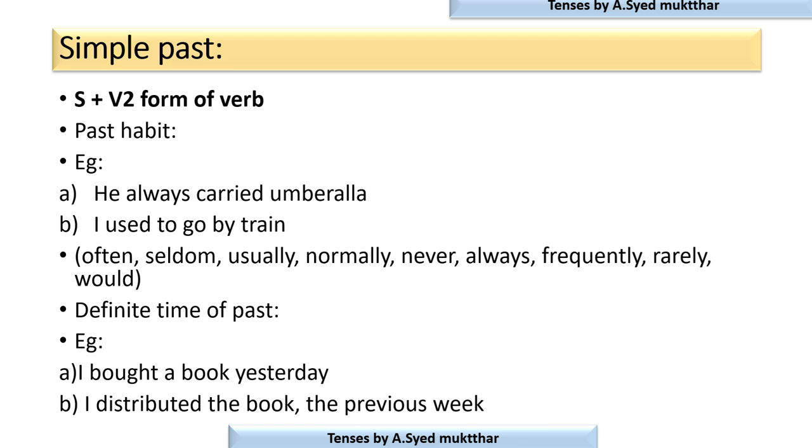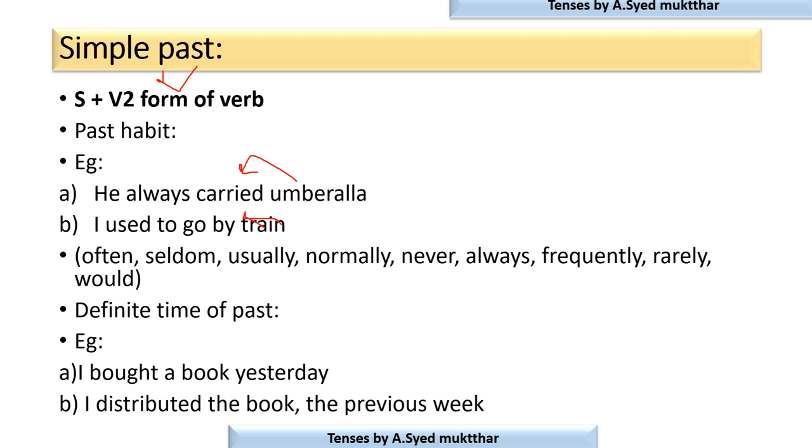Next we are going to see the next topic, simple past. The formula of simple past is subject plus V2 form of the verb. Generally, simple past is used to indicate past habits. He always carried an umbrella in the past. I used to go by train. Often, seldom, usually, normally, never, always, frequently, rarely, would.